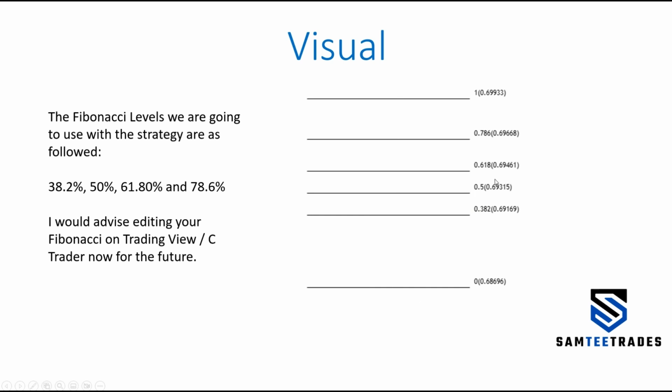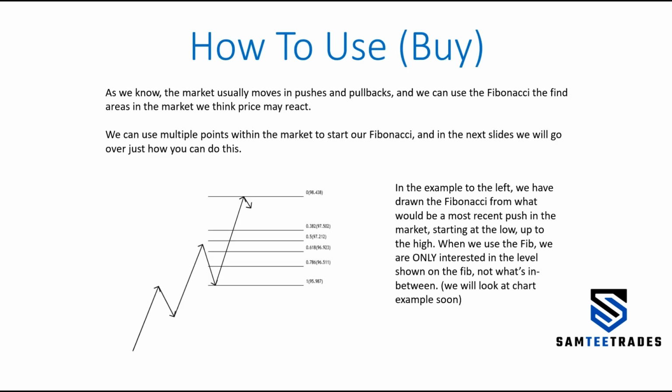Easy maths, the 50% here is literally just halfway between the start and the end. So we can use these areas on the Fibonacci to try to find places within the market where we want to buy and sell.